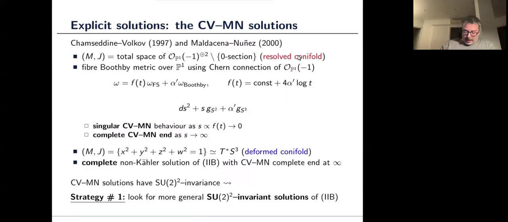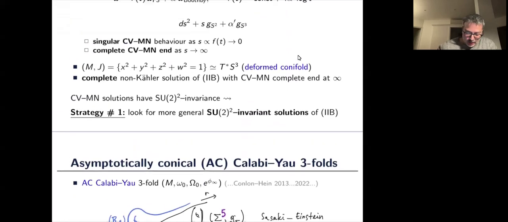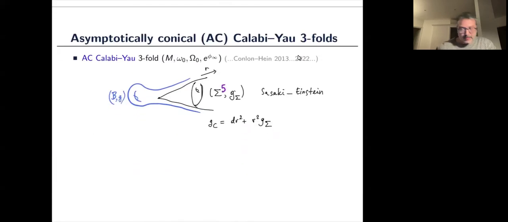I'll return to this, but there's another route that leads to a different, but in the end related, strategy, which is starting from asymptotically conical Calabi-Yau threefolds. I told you that my 2B system contains, as a very special case, solutions that are just Kähler Ricci-flat, Kähler Calabi-Yau.